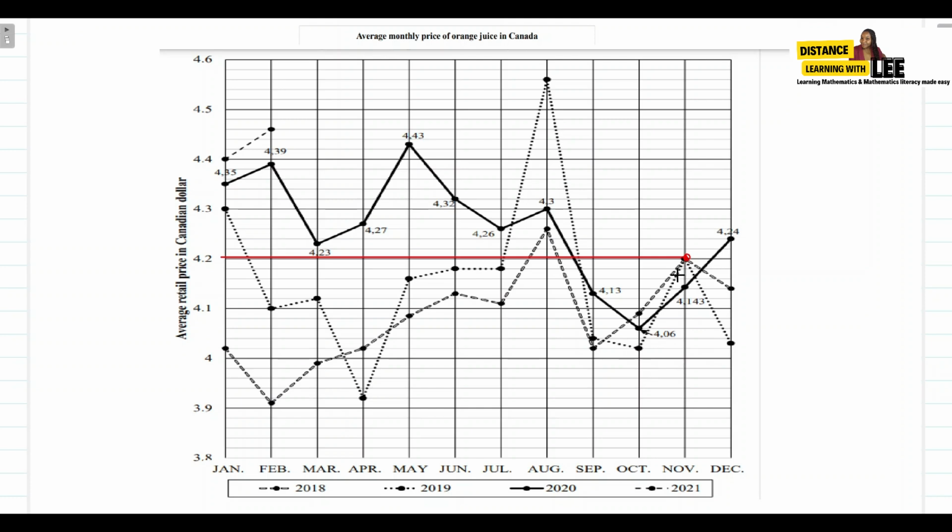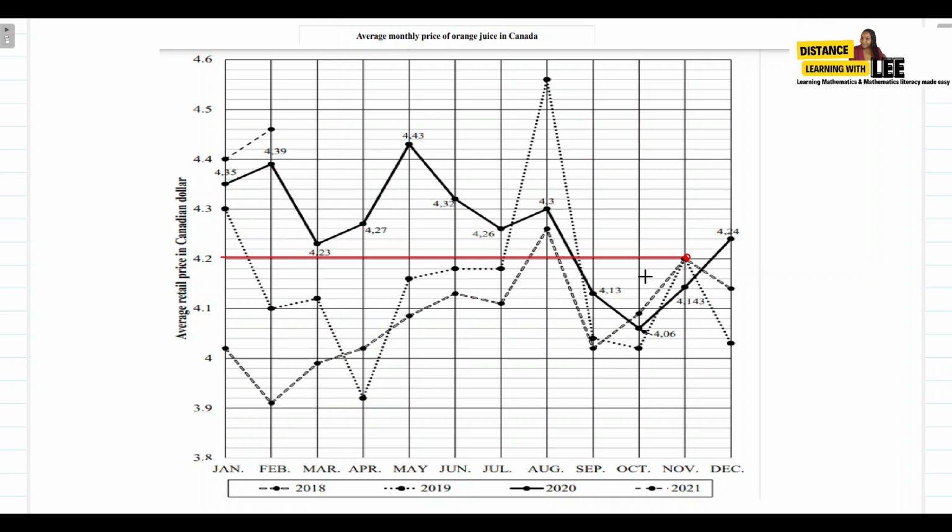One graph is for November 2019 and the other one is for November 2018. So that intersection shows us where the price of the orange juice was exactly the same for the month of November 2018 as well as November 2019.